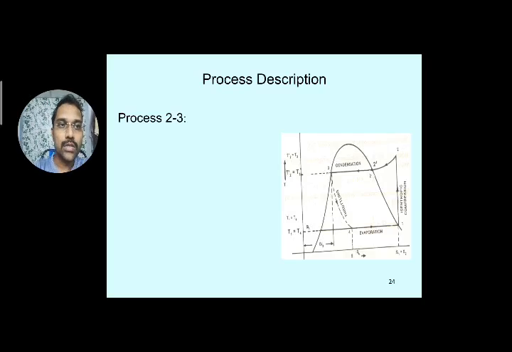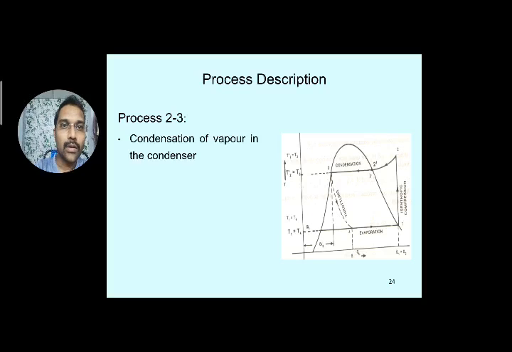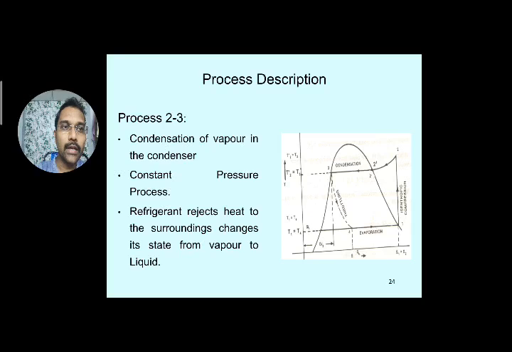Next, process 2 to 3. What is happening here? Condensation of vapor in the condenser takes place. So it is a constant pressure process, and the refrigerant rejects heat to the surroundings and changes its state from vapor to liquid.